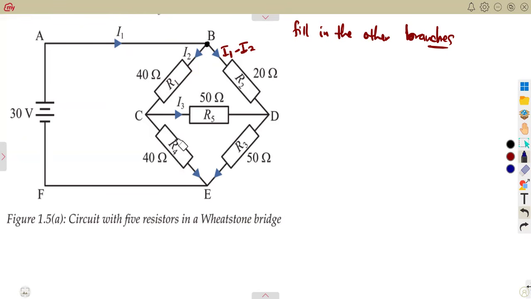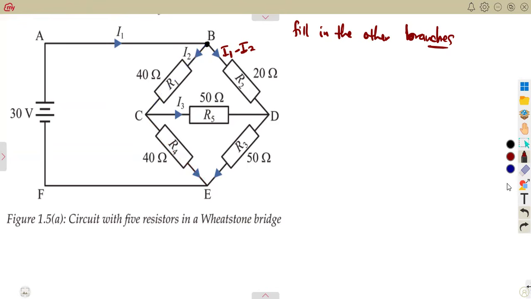If you're to notice here at point C, there's a current that is flowing towards, which is I2. And there are currents that are flowing away, which is this current in the branch of CE and this current in the branch of CD. They are flowing away. Idea is still the same.